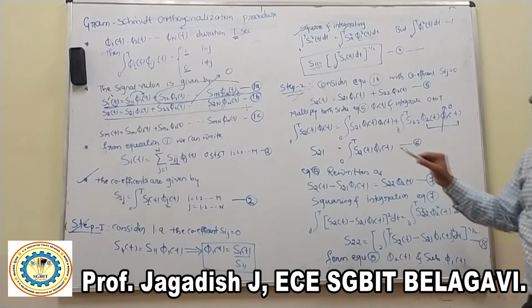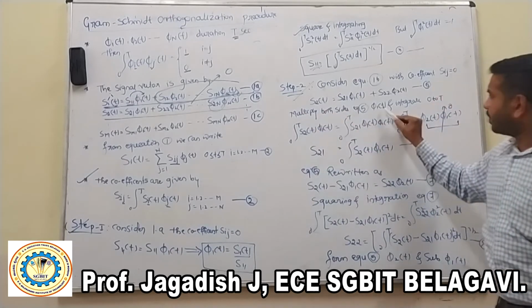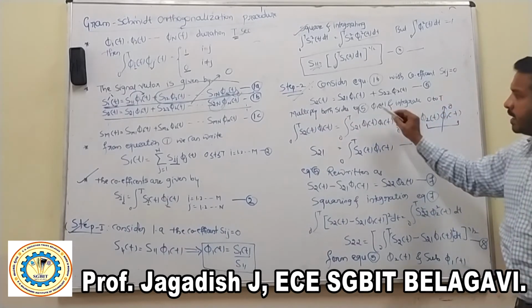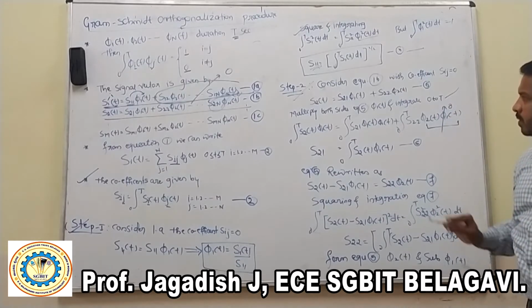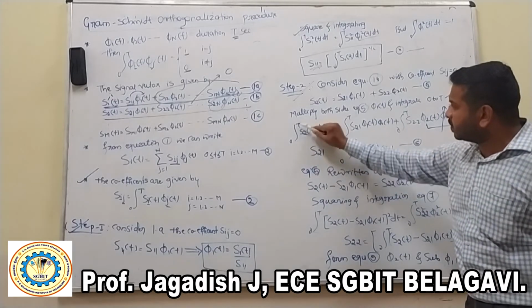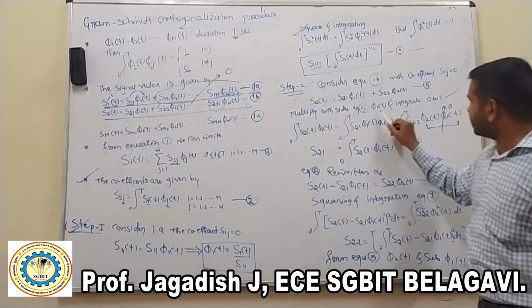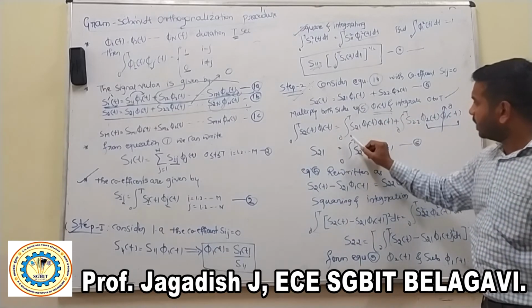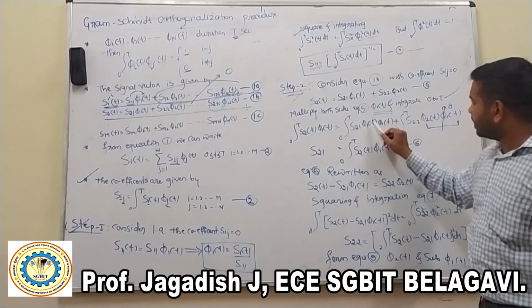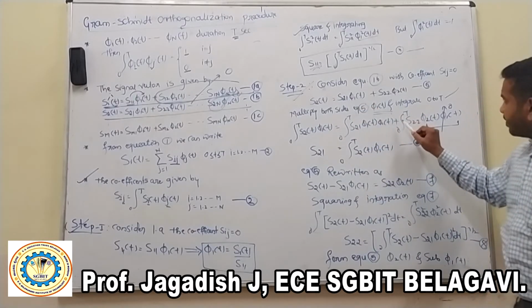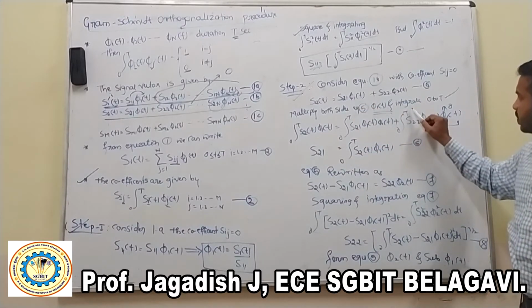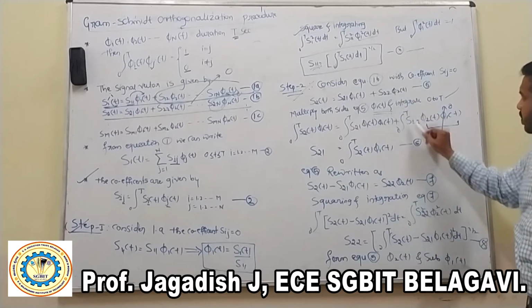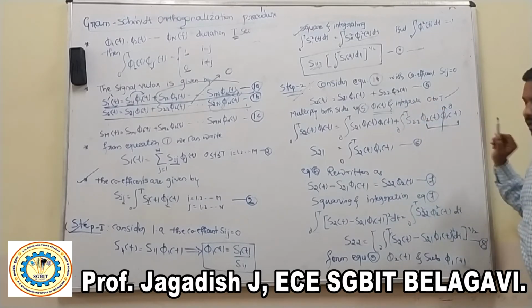Here we multiply both sides by phi 1 of t, then integrate from 0 to T. So integration from 0 to T of S2 of t times phi 1 of t equals integration of S21 phi 1 of t and phi 1 of t, plus integration from 0 to T of S22 phi 2 of t and phi 1 of t.